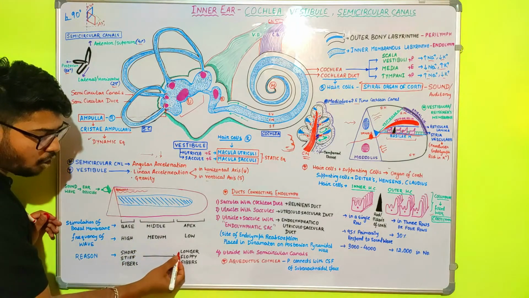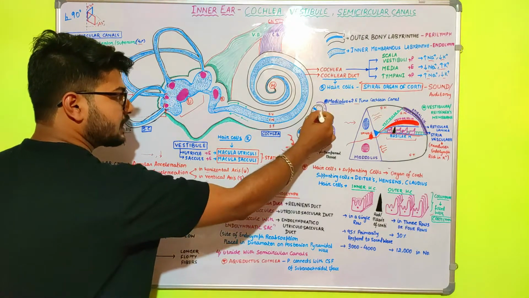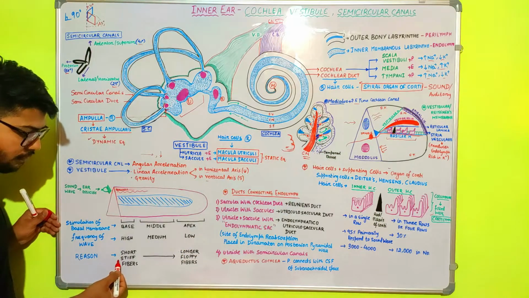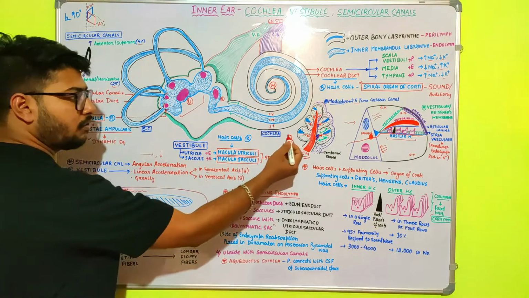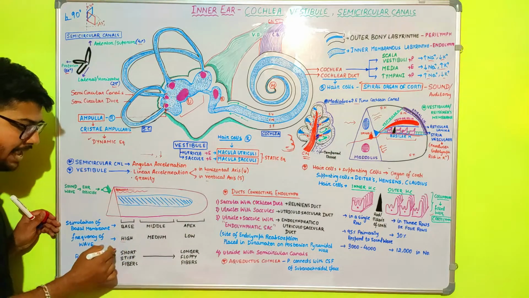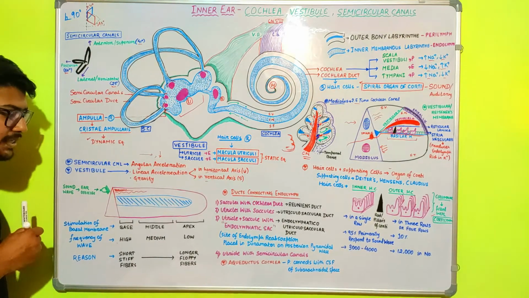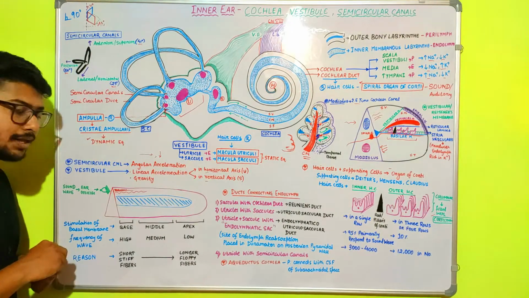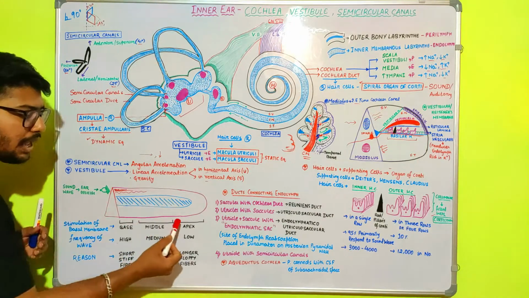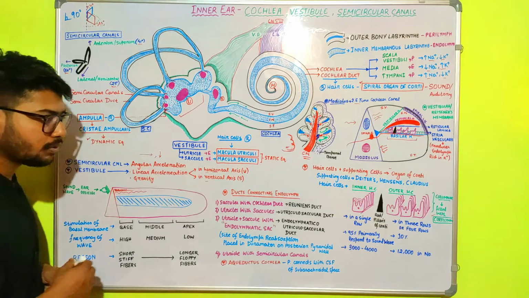It means the longer floppy fibers are present at the apex, and at the base we have short stiff fibers, and for movement of these short stiff fibers we require a high frequency sound wave. So this is the reason why we hear high frequency sound waves at the base, and at the apex we hear low frequency sound waves.